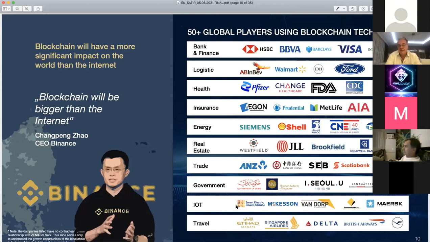According to the Binance CEO, blockchain will be bigger than the internet. Why? Because blockchain works online and offline. I think I can agree with him that blockchain is the technology that will bring a lot more to the market, and it may even be bigger than the internet.